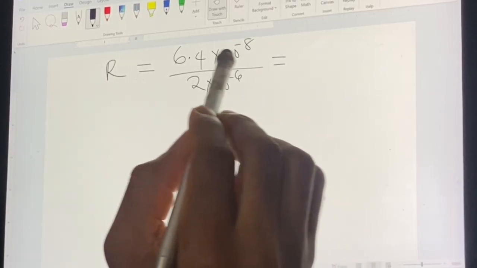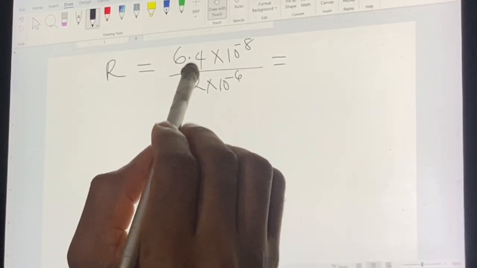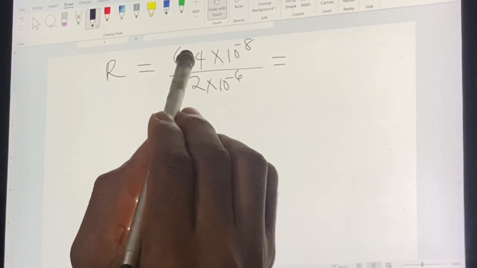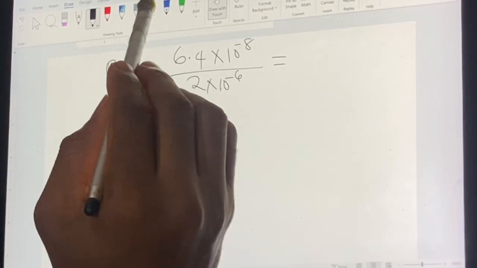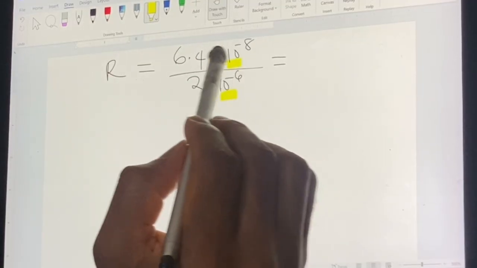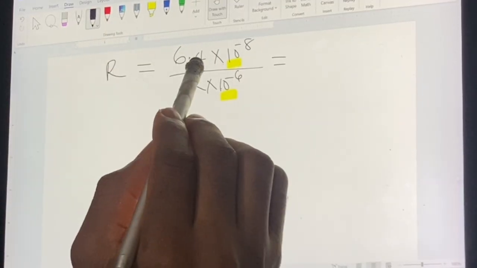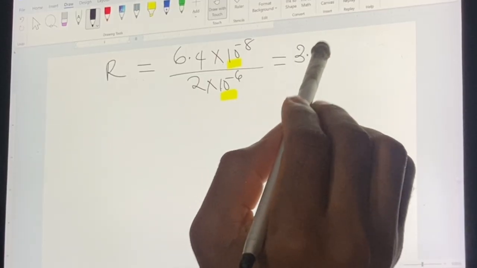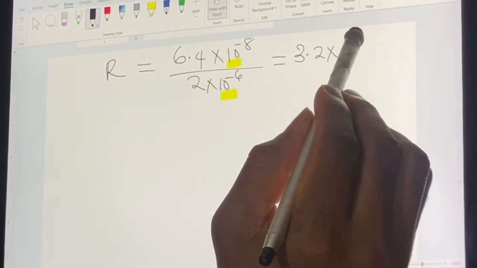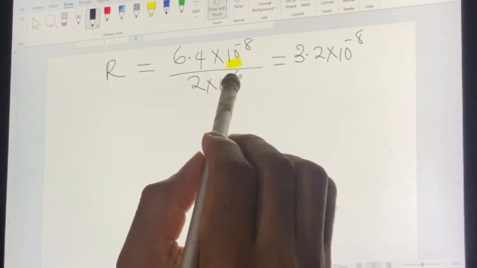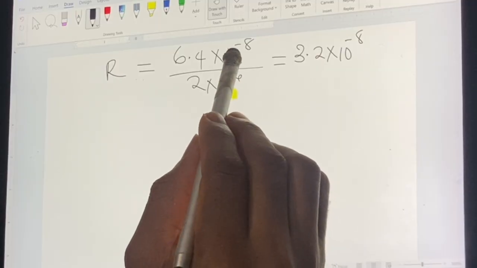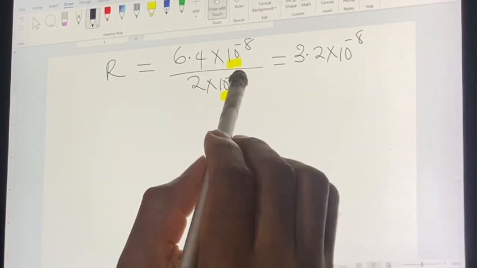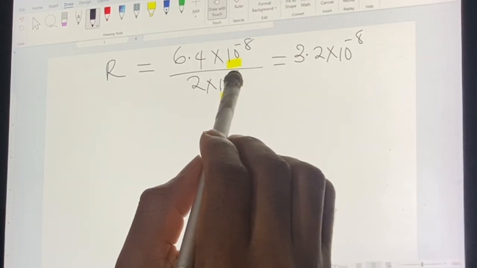So class, let's divide. 6.4 divided by 2. At this point, we divide number by number. Our concern here is the numbers, and later we simplify the terms, that is, this and this. All right, so 6.4 divided by 2 will give us 3.2 times 10 raised to the power of minus 8. Class, I want to take from the law of indices, this term, you take only one, raised to the power minus 6 here, from the denominator to the numerator.